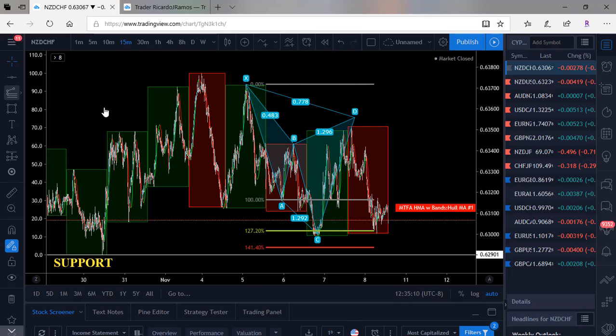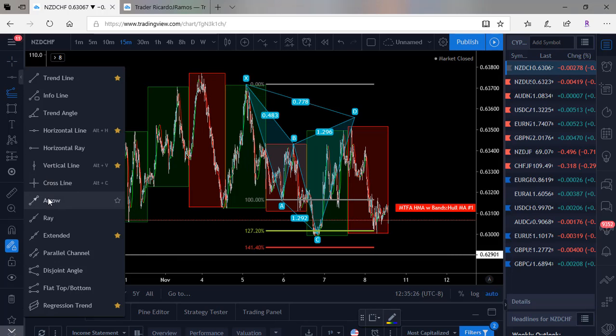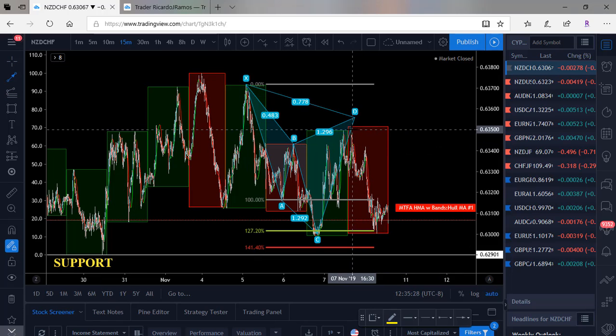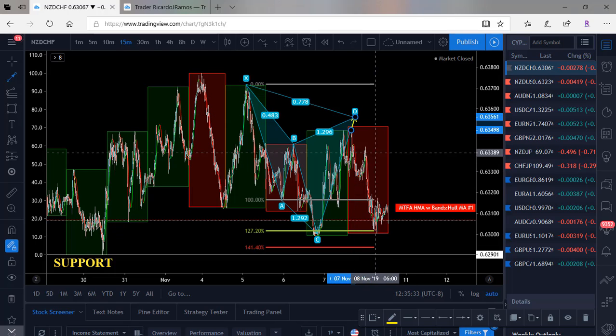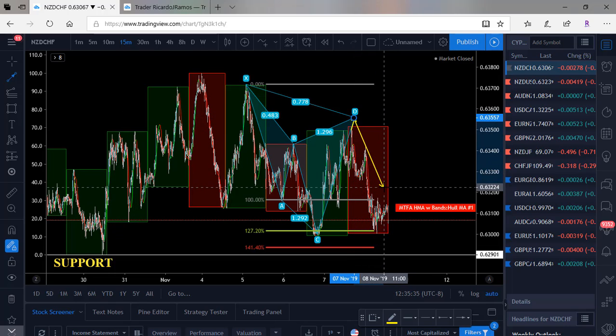If price would have tagged the D point, then you had potential to trade the full or the complete Cypher. So let's just pretend that the price did tag the 78.6 and shoot from there.